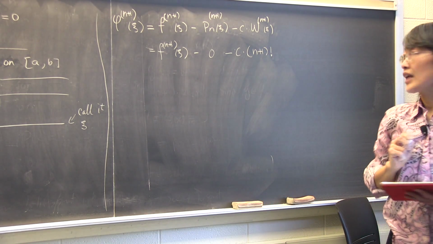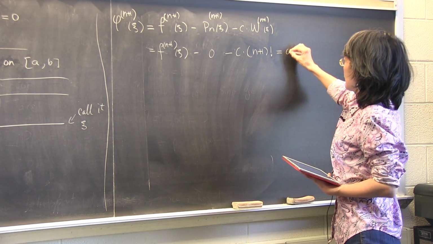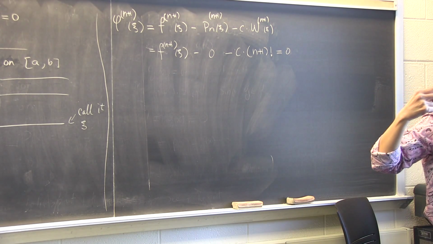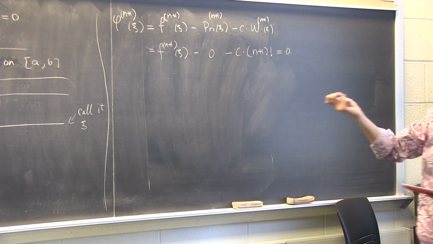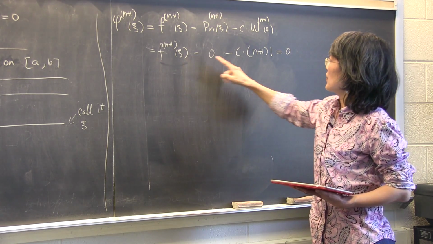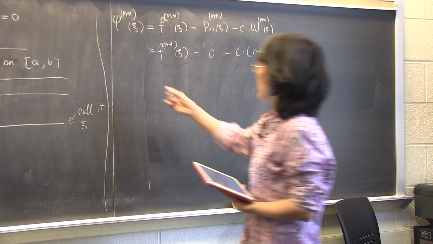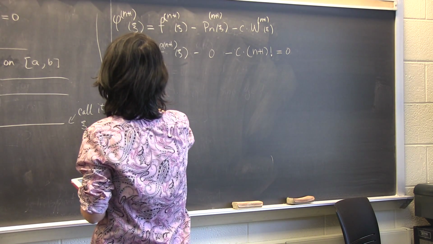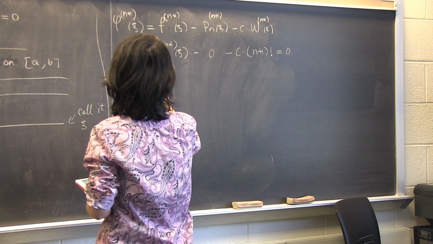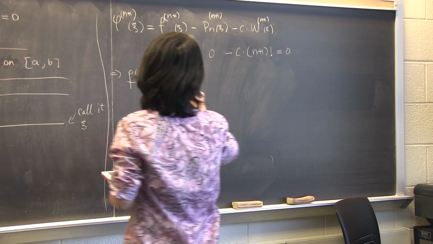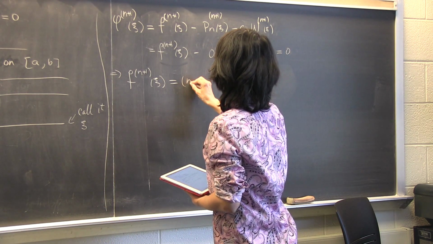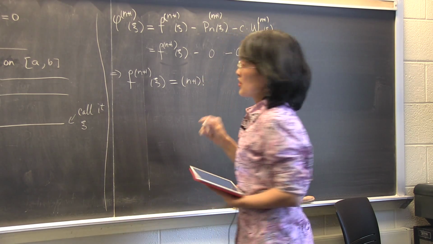And then this shall be 0 for some psi. So what does it mean? This term equals that term, isn't it? So let me write it out. This means f n plus 1 derivative of psi must equal n plus 1 factorial times c.